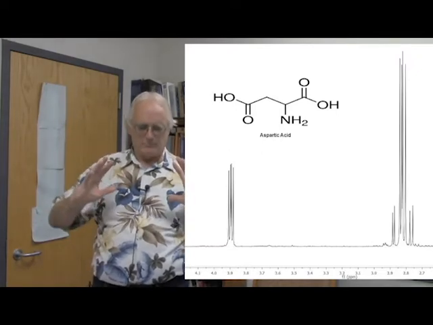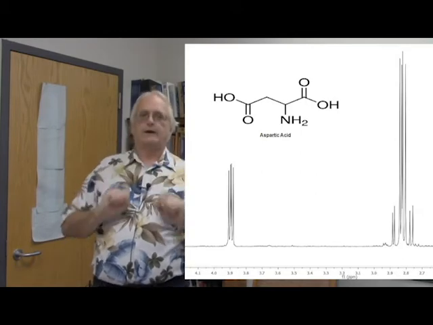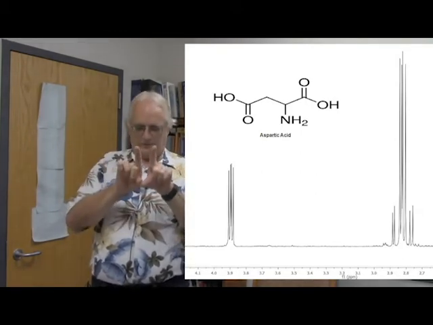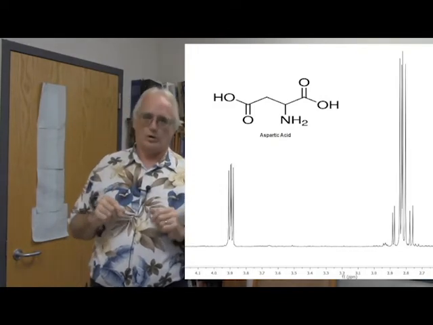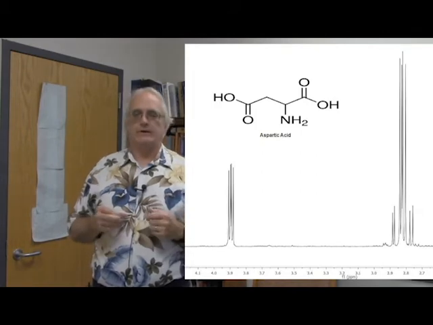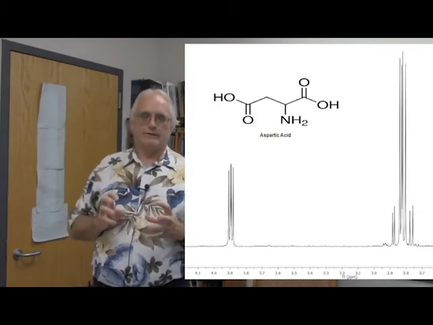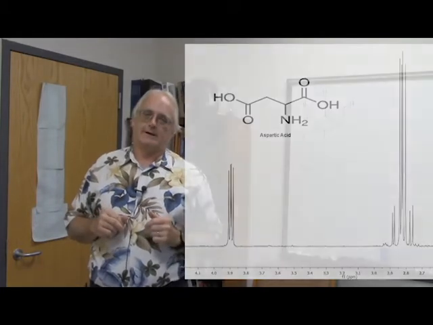These two are even closer together. So the outer peaks have really shrunk, the inner peaks have grown. So it's even more second order than asparagine, but neither of them is normal, quote unquote, like the FMOC was.